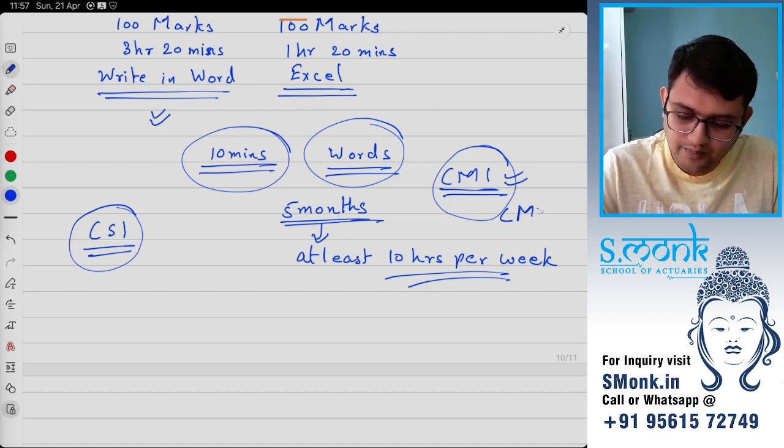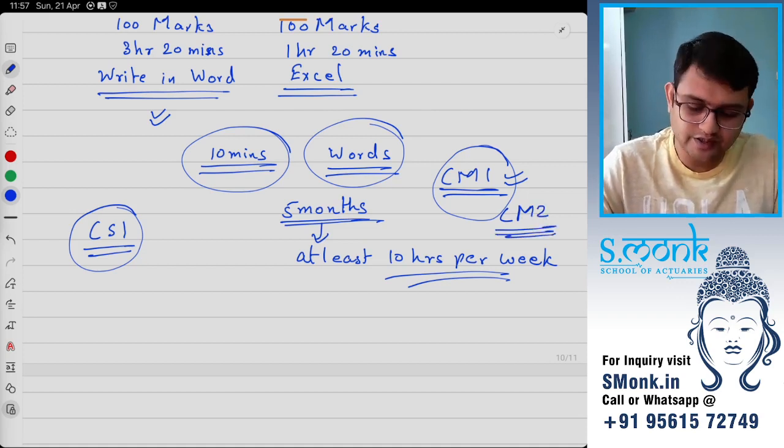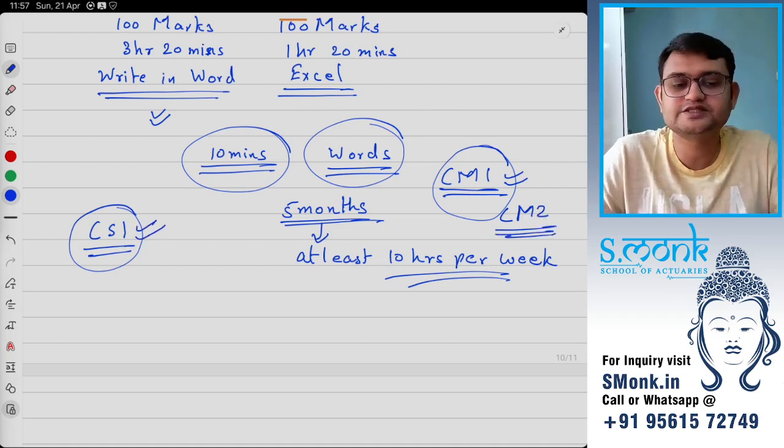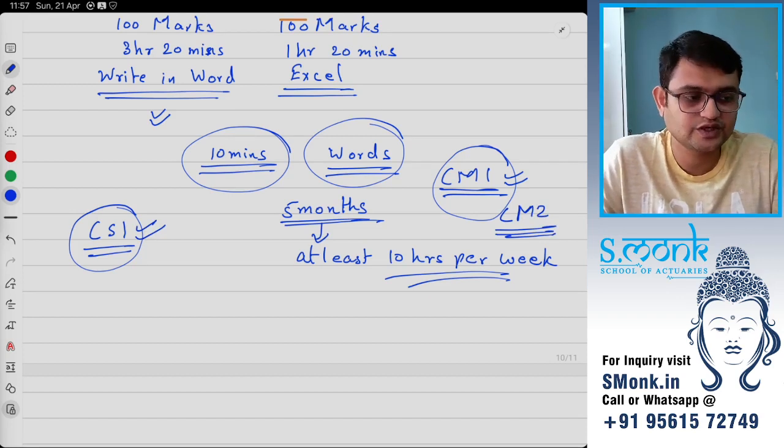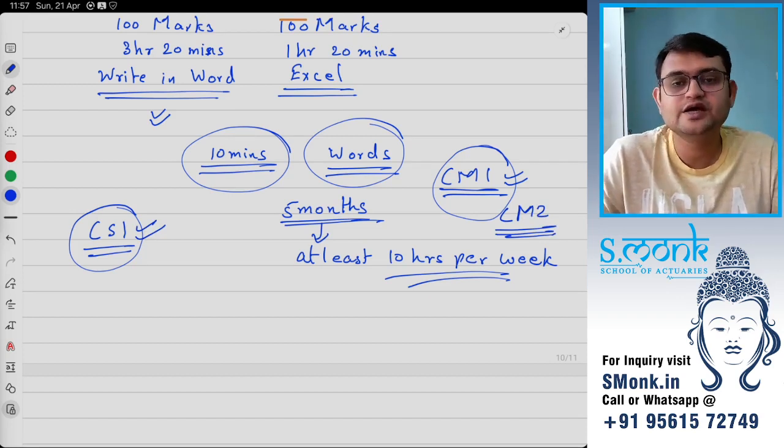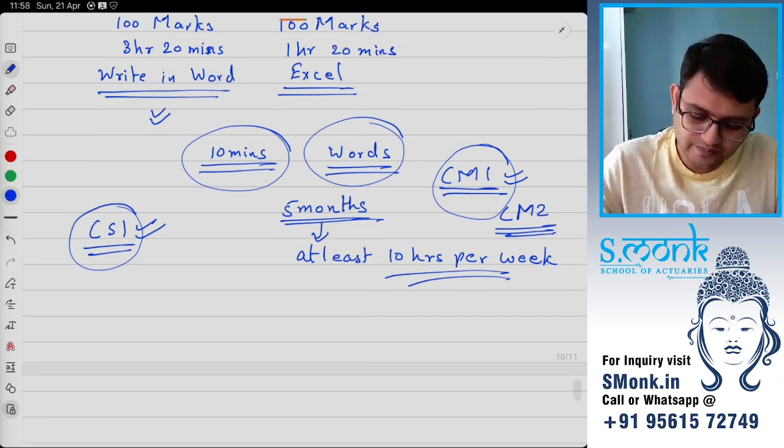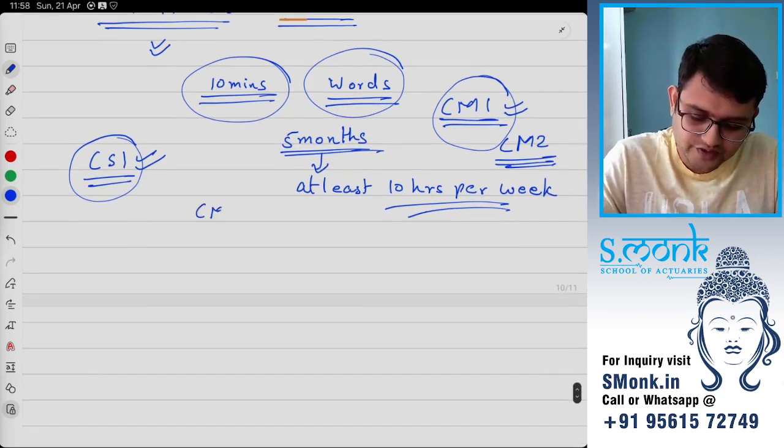But to understand CM2, you will have to understand CS1 first. You will have to understand the statistics before we go to CM2. So your path will be going for CM1, CS1, and then CM2.